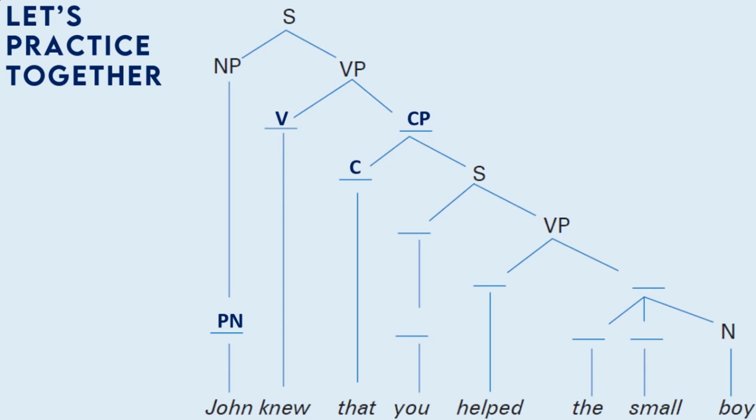Remember that. Under the sentence, what begins the sentence in this case? You began the sentence. Can you see it? Yes, sentences are composed of a noun phrase, and you, what is it? A pronoun. Okay. We have the verb phrase. The verb phrase is composed of a verb, because helped is a verb.